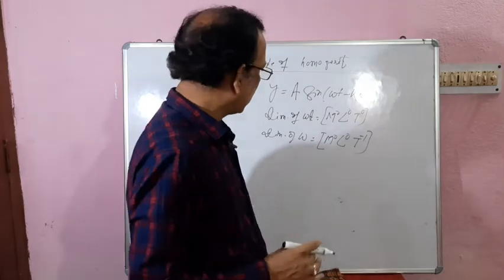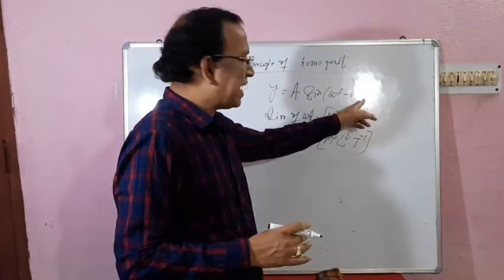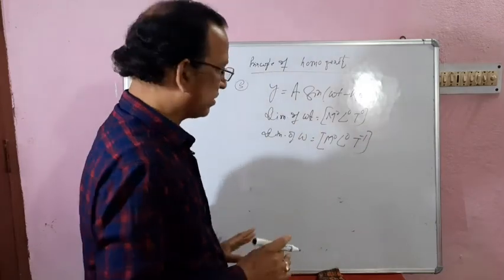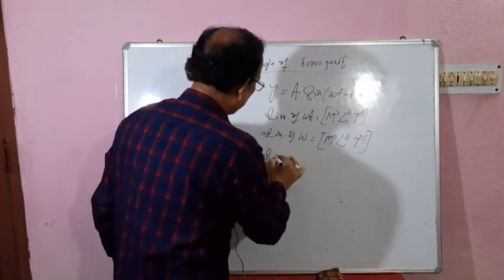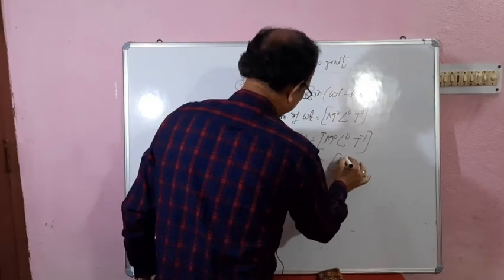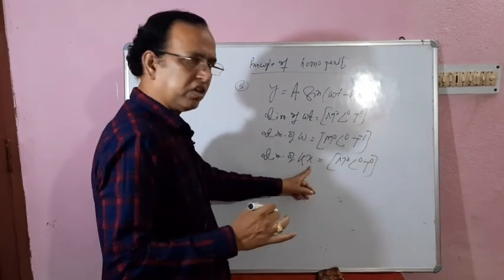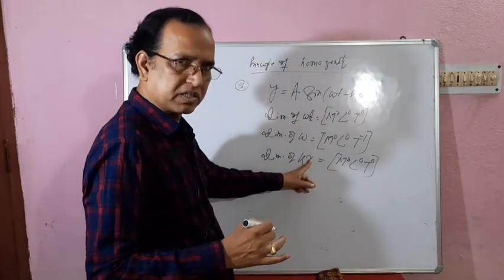This is the dimension of omega. Dimension of k: kx is also dimensionless, so dimension of kx is equal to m0 L0 t0. x is the distance, displacement.